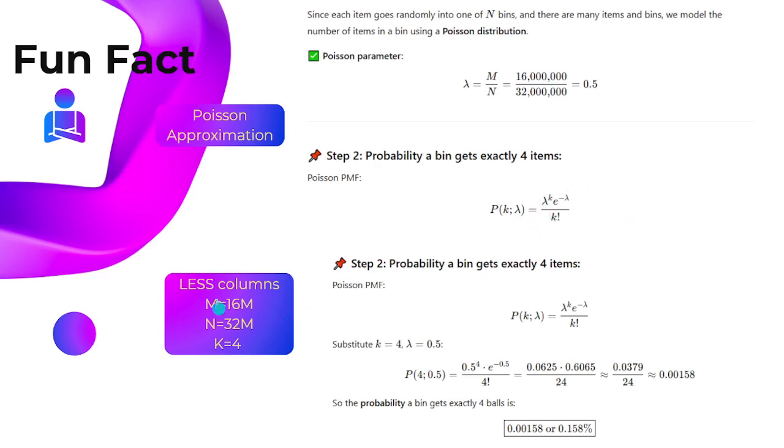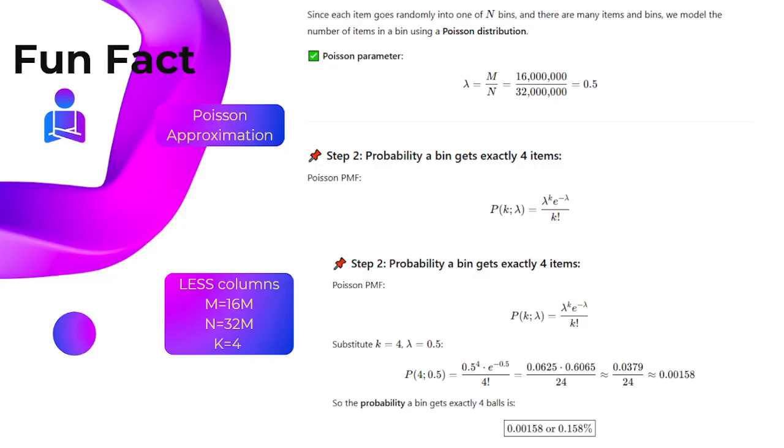Now, let's say I'm a hash designer and I want to store 16 million entries in my hash table, and the hash table has 32 million bins, and each bin can take up to 4. Beyond 4, it'll overflow. So the way I would implement this is with a linked list or a number of columns inside the hash table, and the number of columns is 4.